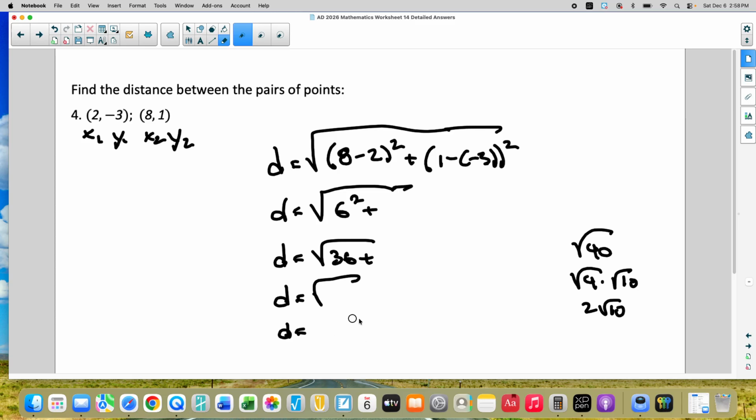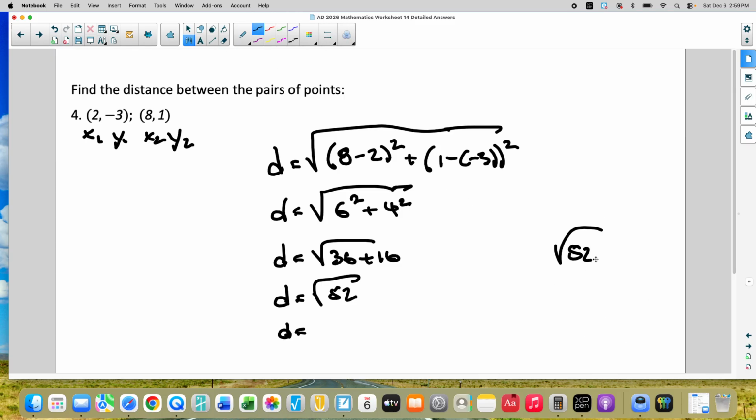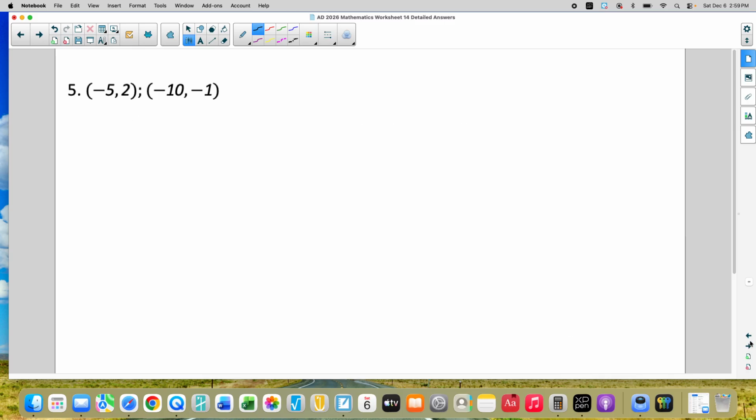But we at least know they want it simplified, which is good. 4 squared is 16, which gives us 52. Let's erase that 40 and do 52. Well, 52 is rad 4 times 13, so that's why we get 2 rad 13. So 2 rad 13. Close, but not correct.